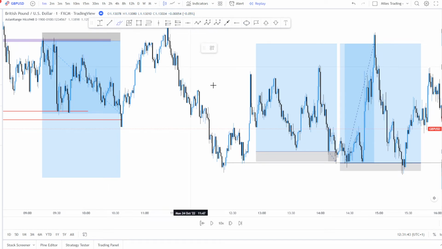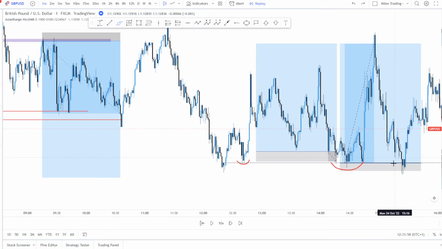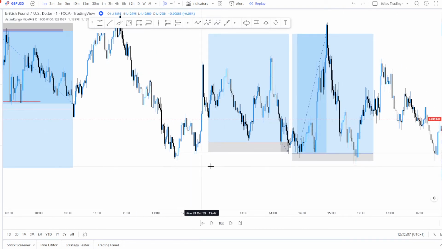So as you can see right here, this was the initial tap. Then we had a bit of a deeper price movement inside of it. Then we had the deepest price movement right here, and then you have another deep movement into it, and then it eventually breaks. So each time price stabs into your point of interest, price will generally tend to stab deeper into that point of interest where you want to enter from.